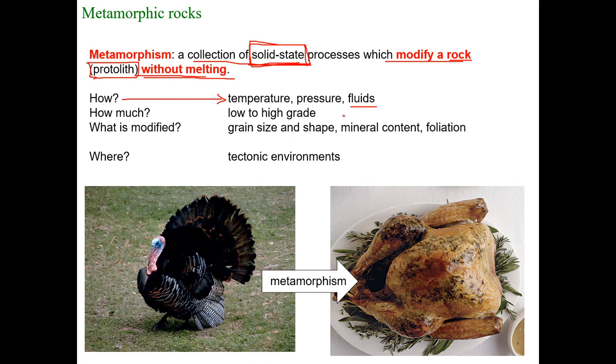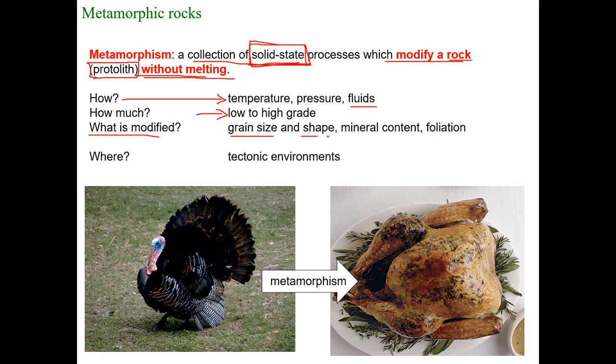But any combination of those agents change your protolith into a metamorphic rock. There are different grades of metamorphism. You could have low grade, in which there are only slight changes, to high grade, in which very dramatic changes occur.